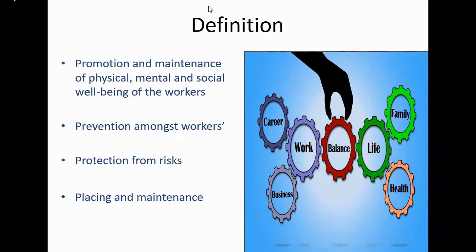And of course, we need to talk about prevention amongst workers, and then protection from risks, and how and where the employee is being placed is also part of occupational health. For example, there are different criteria for different types of jobs. When we're talking about joining an army, of course the kind of build a person has would matter.